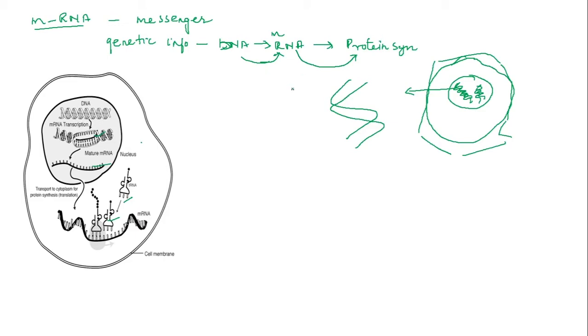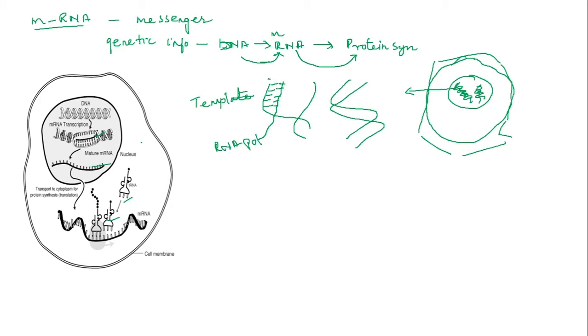During the process of synthesis of RNA, the DNA unwinds, opens up. One of the strands of the DNA acts as a template. This template carries the genetic information. On this template, a new strand is synthesized in the presence of an enzyme called RNA polymerase. This strand is the mRNA strand, which has complementary base pairing to that of the DNA.